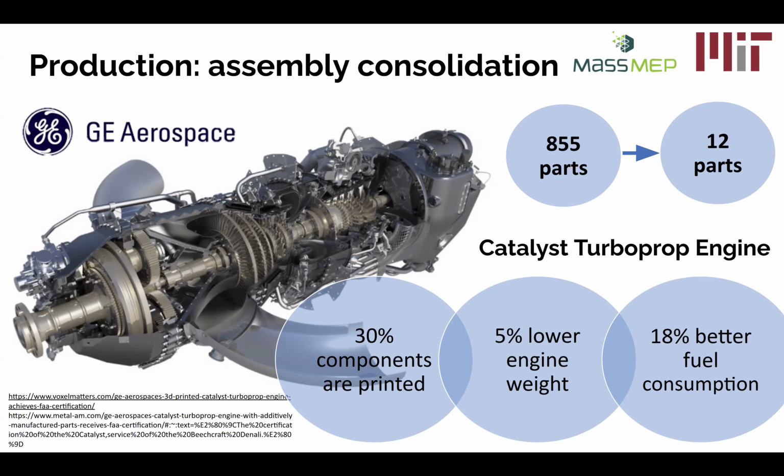And overall, it's also helping the maintenance, because every X amount of flight hours, this engine needs to be controlled for safety. Now the safety checks just need to be done on 12 parts instead of 855, making the entire engine also more reliable. So there are massive benefits when we talk about assembly consolidation.